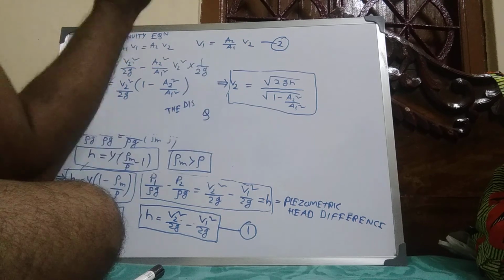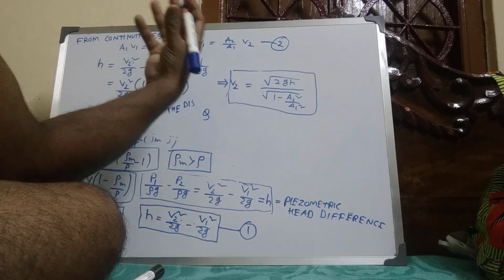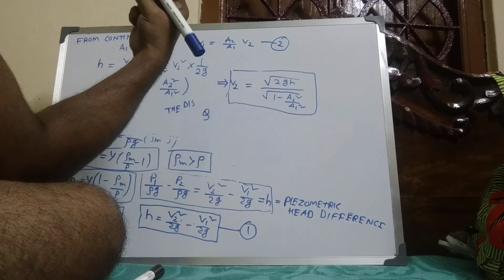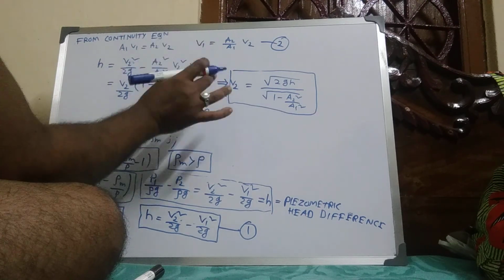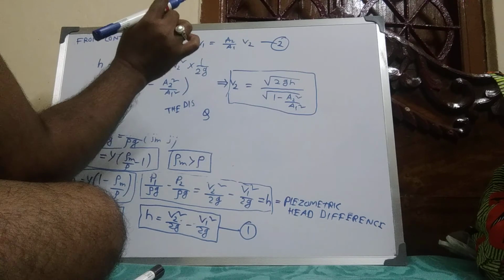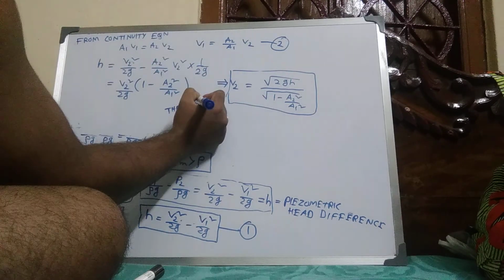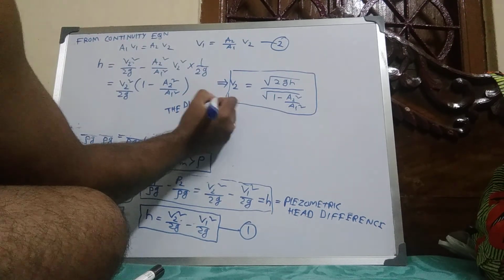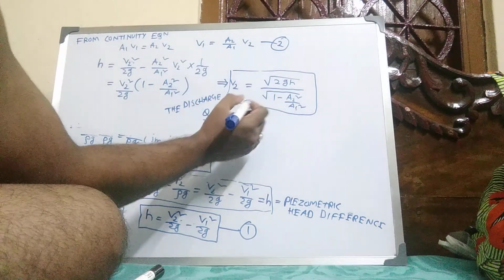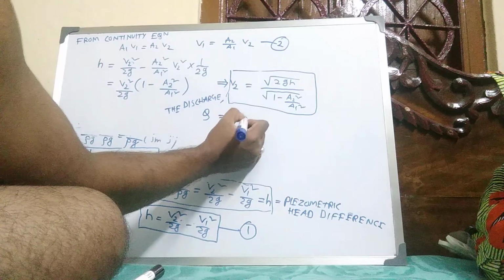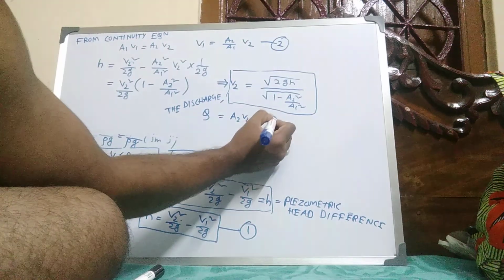Now the discharge. The main purpose of the Venturi meter is to measure the rate of flow. The rate of flow is denoted by Q. This is also called discharge. The discharge Q equal to A2 into V2 or A1 into V1.